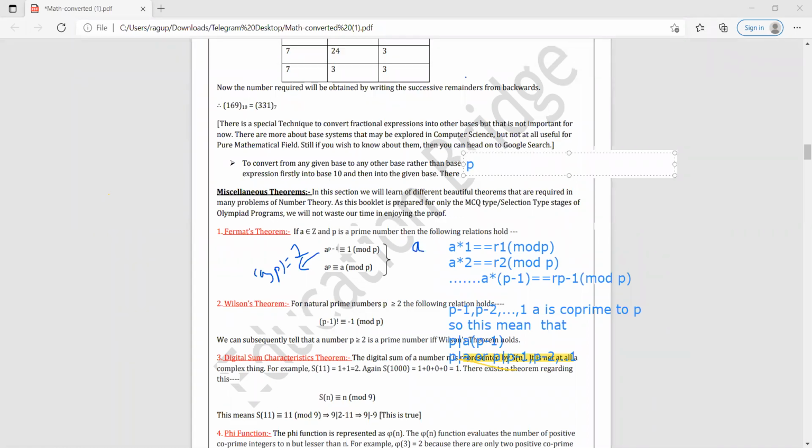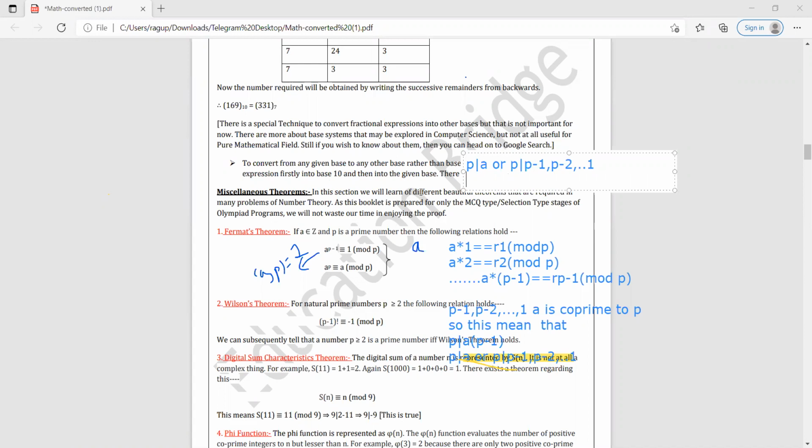So p dividing a is not possible. Or we had the second case, p divides p minus 1, p minus 2, dot dot dot 1. They cannot divide. So in both cases we do not have a solution. So this means that the remainder cannot be divisible by p.